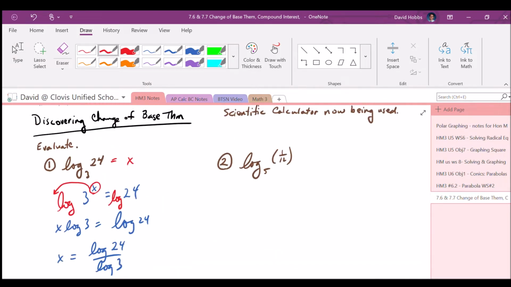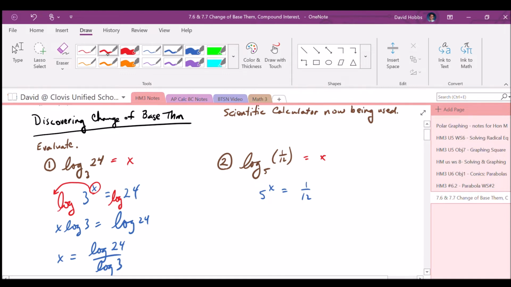And it works very similarly. So log of 1/12 base 5 equals x. And so we use the definitional logarithm, and we've got 5 to the x power equals 1/12. And of course, we can't write 1/12 as a power of 5.